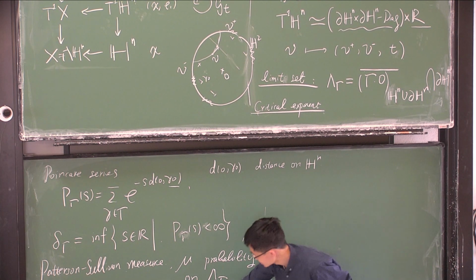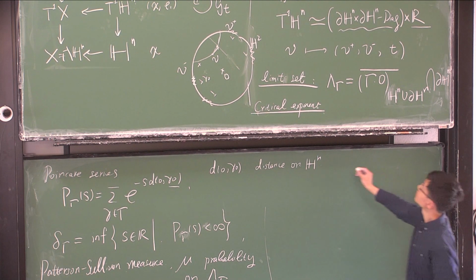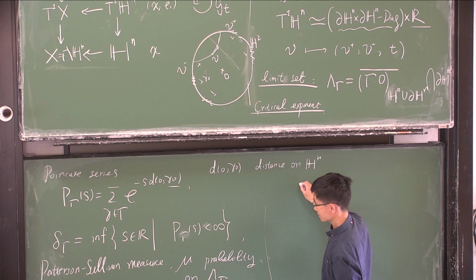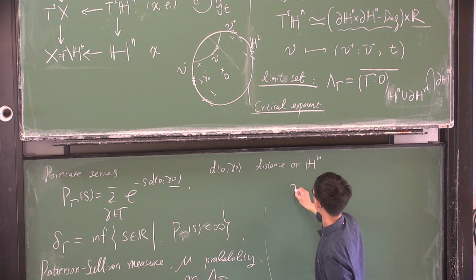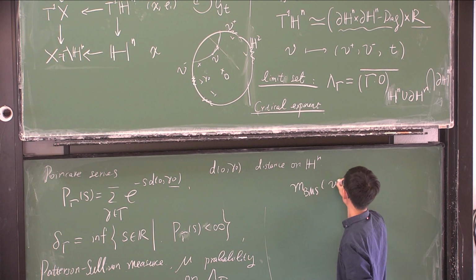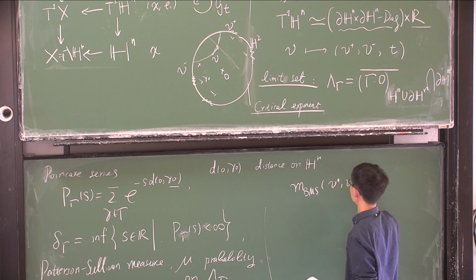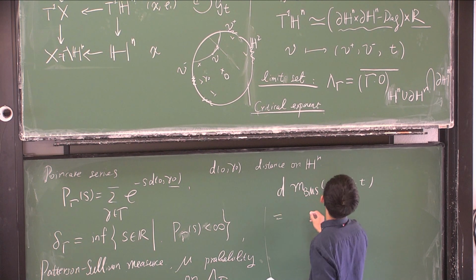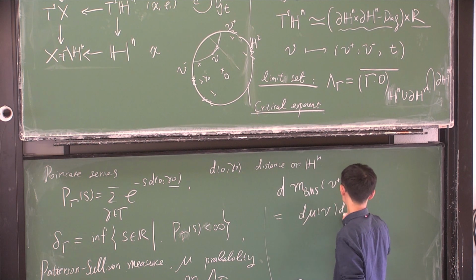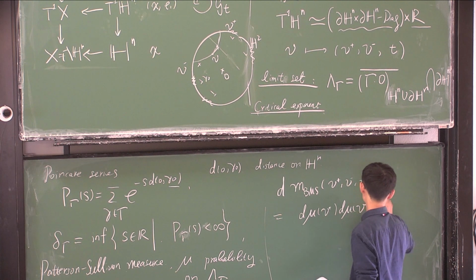Here, the important thing is that it's quasi-invariant, but the nice thing is that once we put two measures together, we get some invariant measure. Then you can consider the Bowen-Margulis-Sullivan measure. For a point (v plus, v minus, t), its density will be given by mu(v plus) mu(v minus) dt.